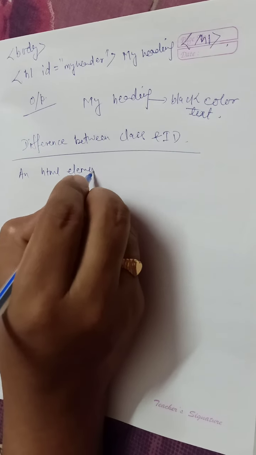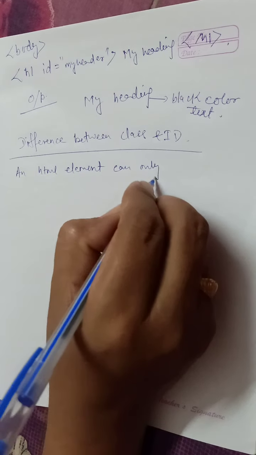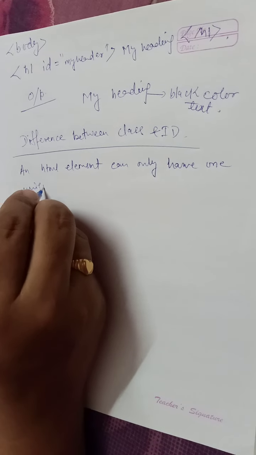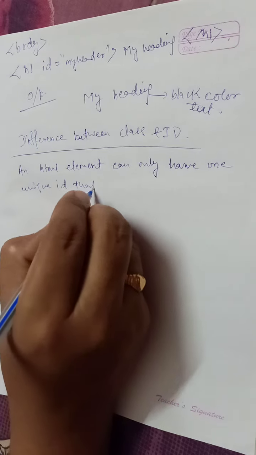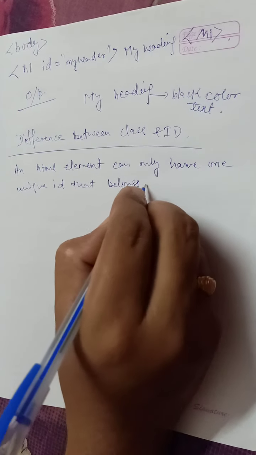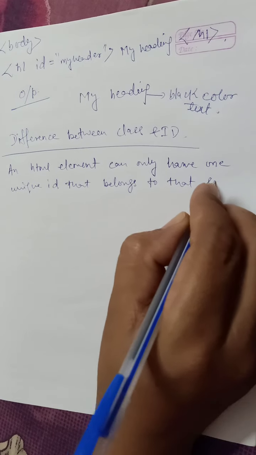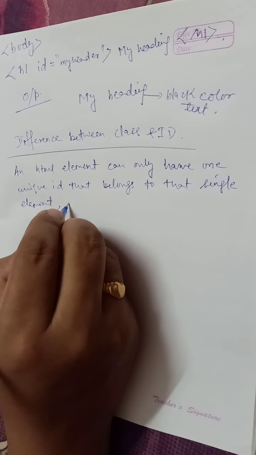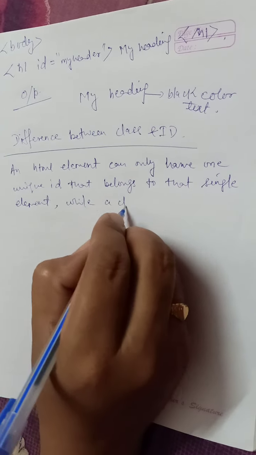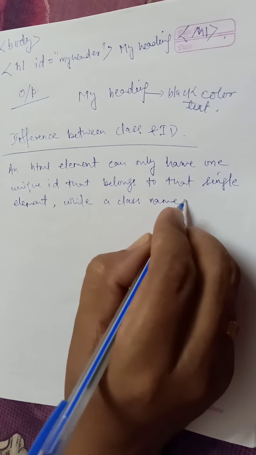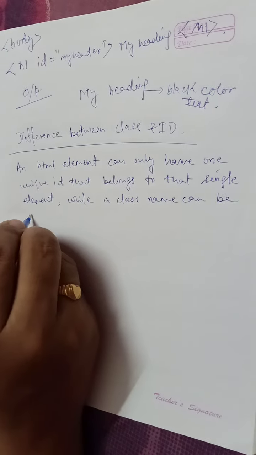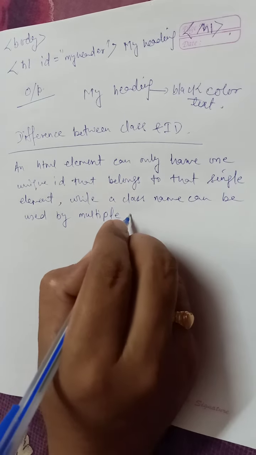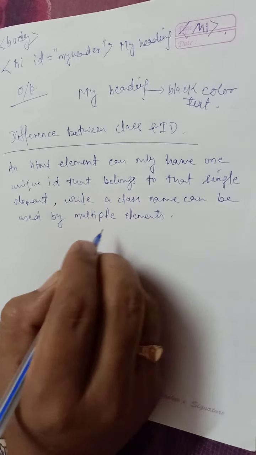So let me write that: an HTML element can only have one unique ID, belonging to that single element only, while a class name can be used by multiple elements.